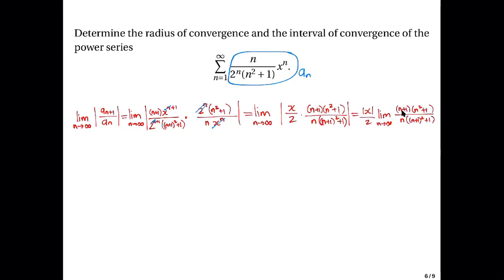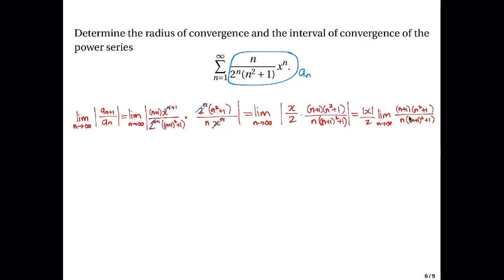So again, in the numerator, you have a third degree polynomial after multiplication here. And also for the denominator, you have a third degree polynomial after multiplication here. Furthermore, the leading coefficient in the numerator is 1. In the denominator, it's also 1. So the limit as n approaches plus infinity for this guy is just 1.